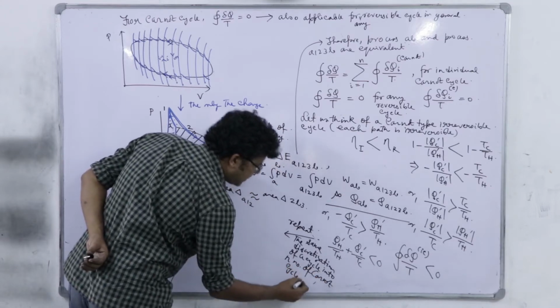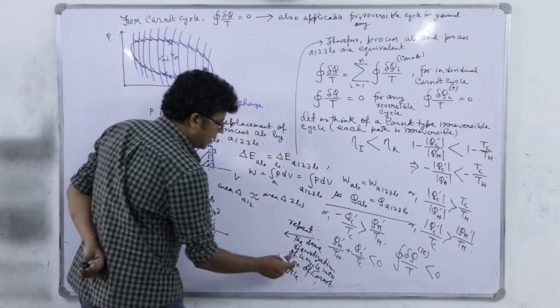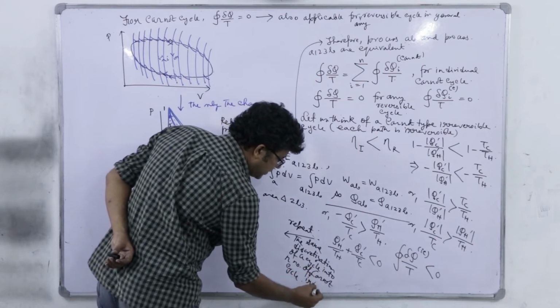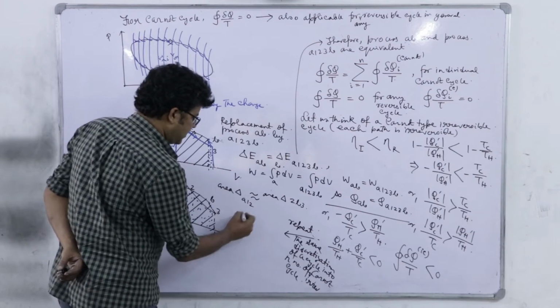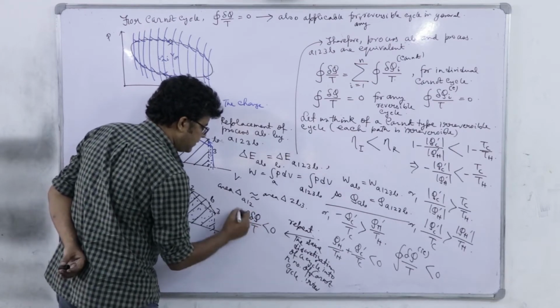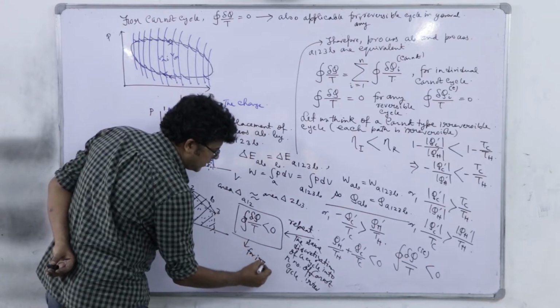It may be irreversible or reversible, same number of n numbers of irreversible Carnot cycle. So if I do that, we can establish this del Q by T is less than 0 for irreversible cycle.